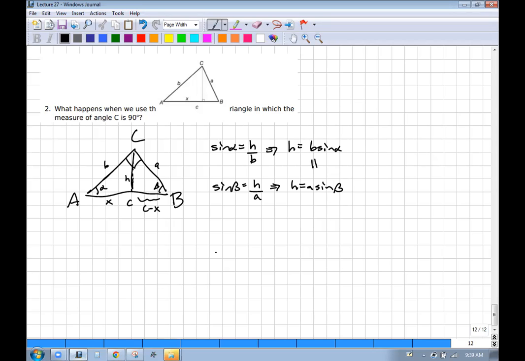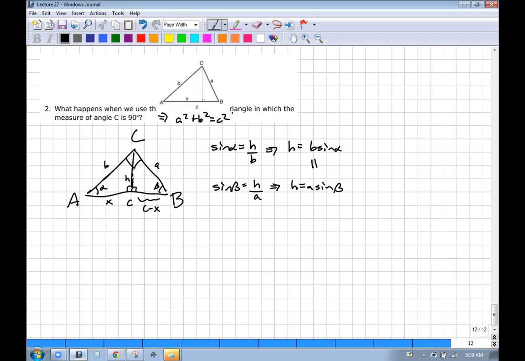So what happens when C is 90 degrees? Well, we turned a right triangle into 2 right triangles. If that's the case, we can always say that A squared plus B squared is equal to C squared, right?